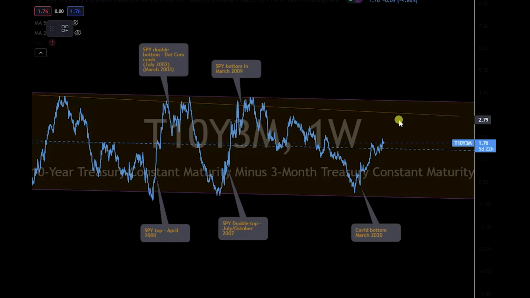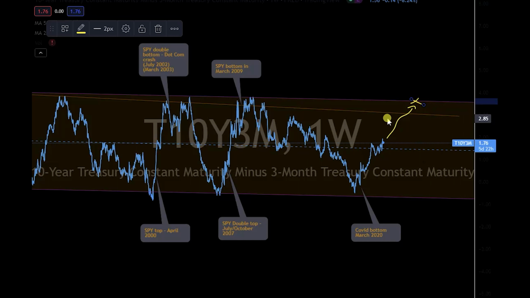So when the price action goes to the top of this channel, typically what that means is that you've hit a bottom in the market.